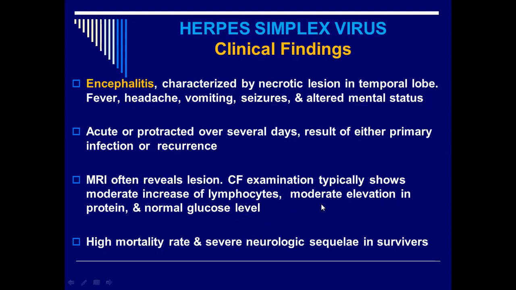Now, keep in mind for the rest of your life that whenever there is a viral infection in the brain or in the CSF, you will see elevation in the proteins, but the glucose is normal. The glucose level will remain normal in a viral infection. It will not go high.